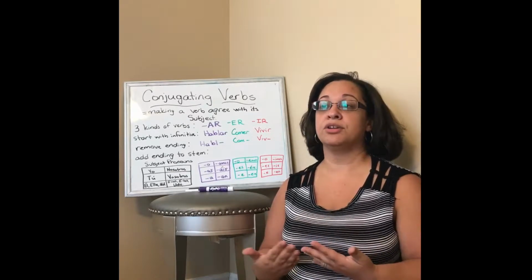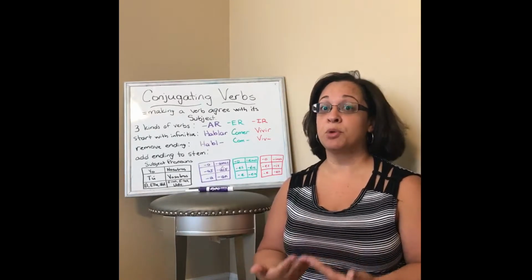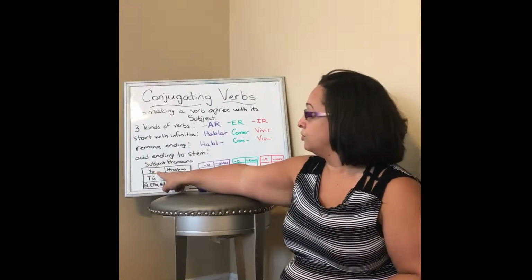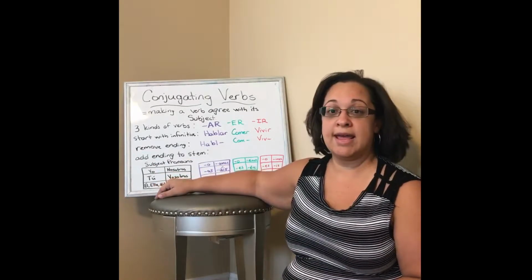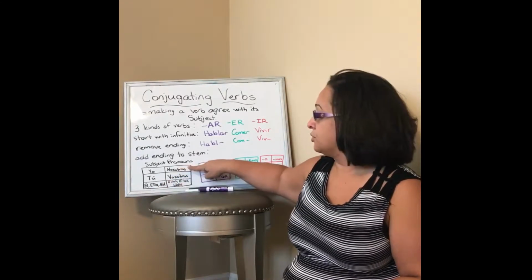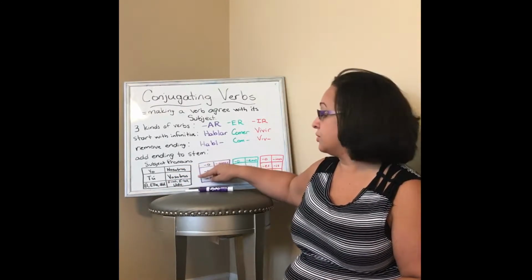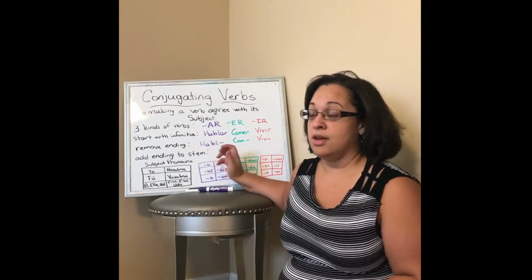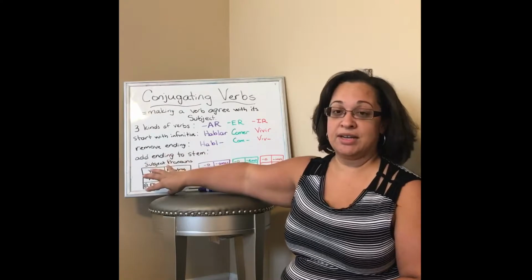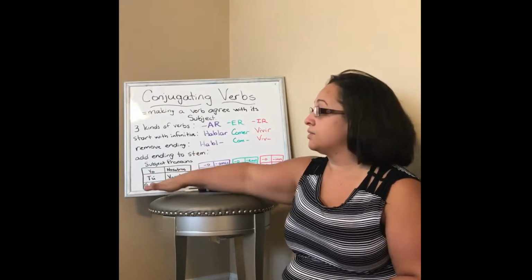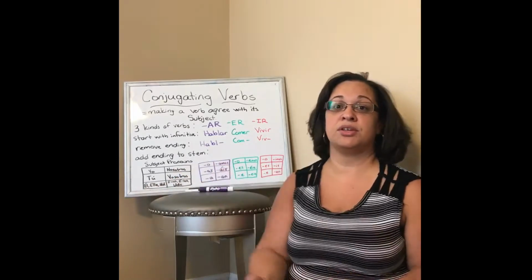So we've already learned our subject pronouns in Spanish, which are yo, tú, él, ella, usted, nosotros, vosotros, ellos, ellas, and ustedes. The letters are kind of small here, so that's why I'm pointing them out if you want to take some notes. That's what that first little square is. It's just our subject pronouns.